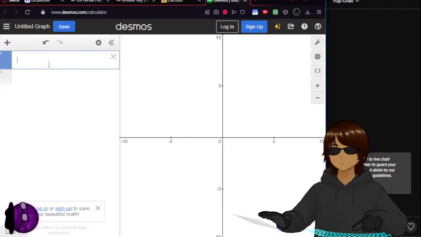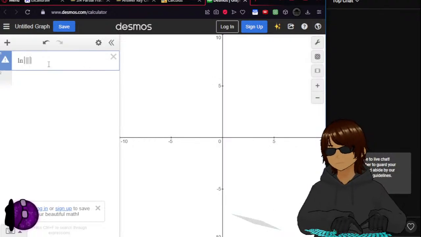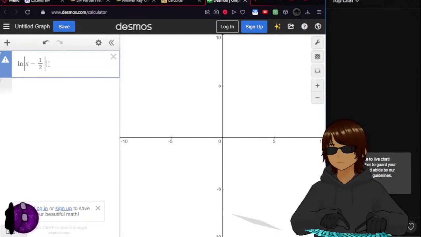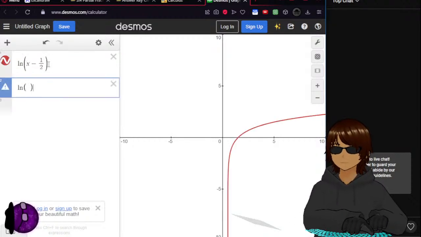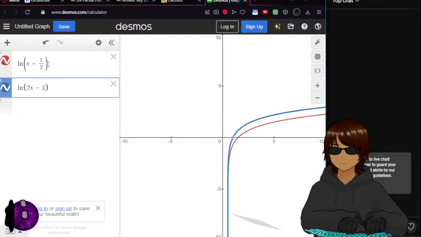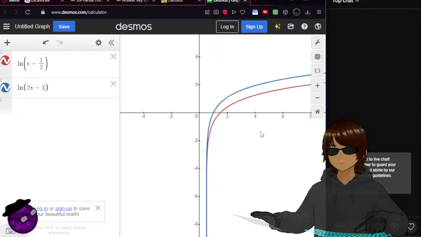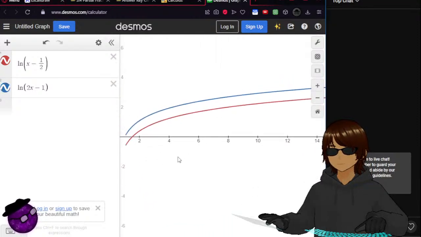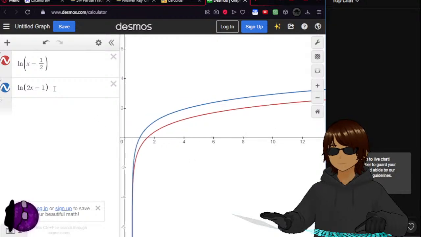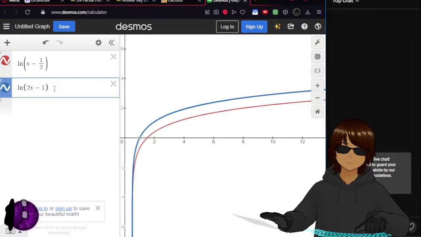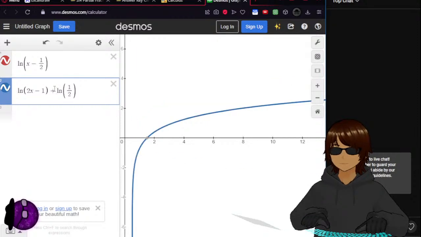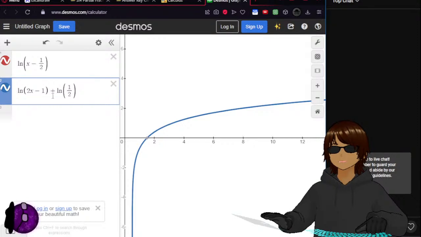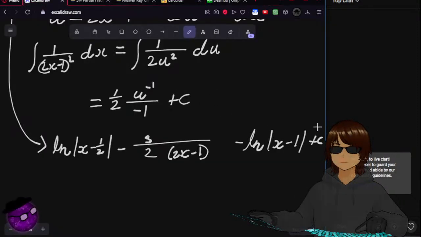Wait. Oh, I see. This ln of half is inside the plus c over here.